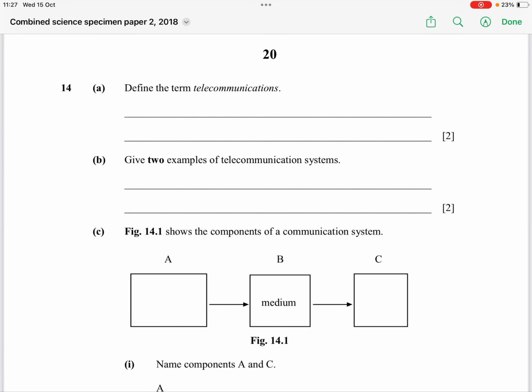Define the term telecommunications. These are the means of electronic transmission of information over the distance in form of voice, calls, data, text, images, or videos.